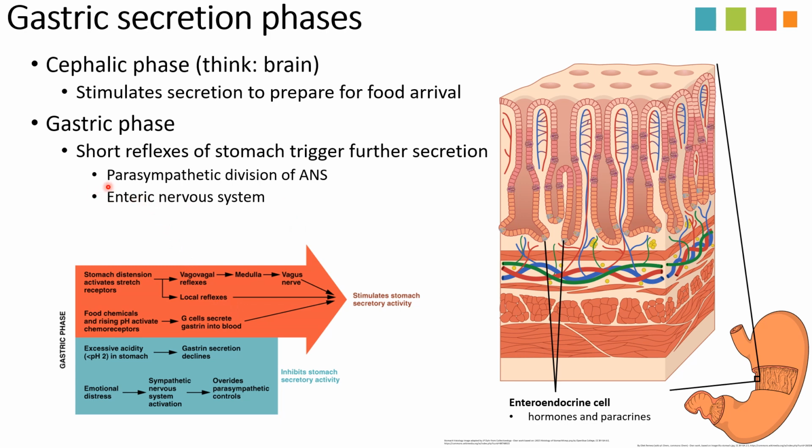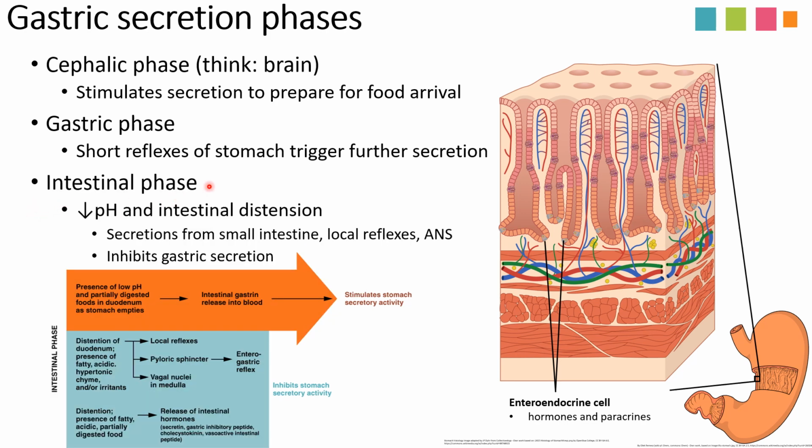This is also controlled by the parasympathetic division of the autonomic nervous system, but also via local signals in the enteric nervous system proper. And there are things that can inhibit this. For instance, if your stomach is really acidic, then it will sense that and shut itself down so you don't damage your own stomach lining.